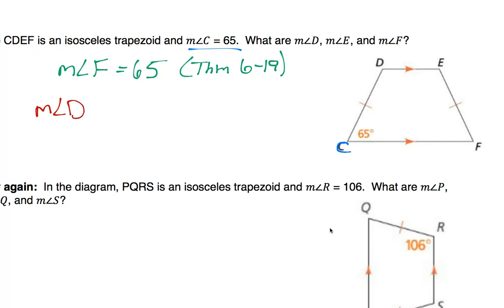The measure of angle D is going to be 180 minus 65, which is 115 degrees.